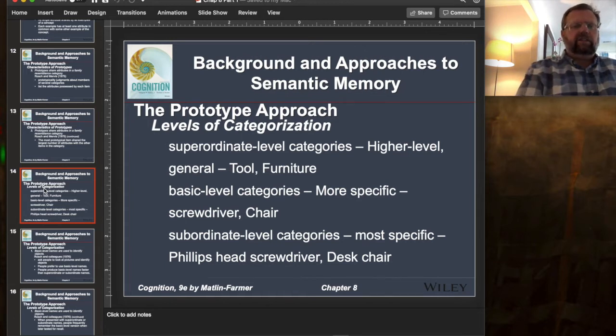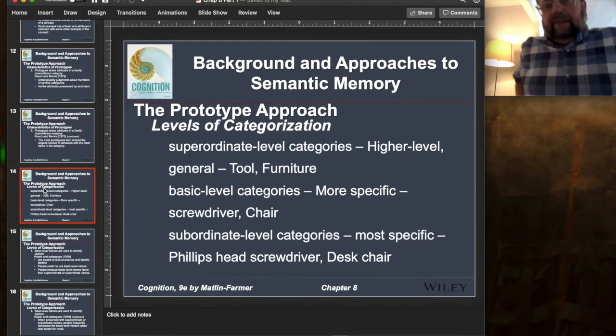Then underneath those basic level categories are the subordinate level categories. And basically they become more specific than things like a screwdriver or a chair. So when you think about a Phillips head screwdriver, or maybe even a particular brand of screwdriver, that is more of a subordinate category. It's a little bit more descriptive. And when we think about a chair, we can move into a desk chair.